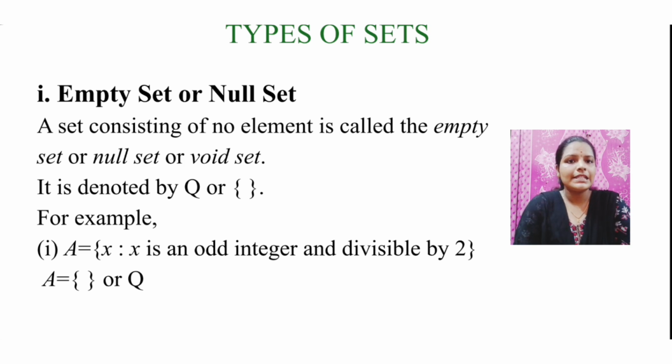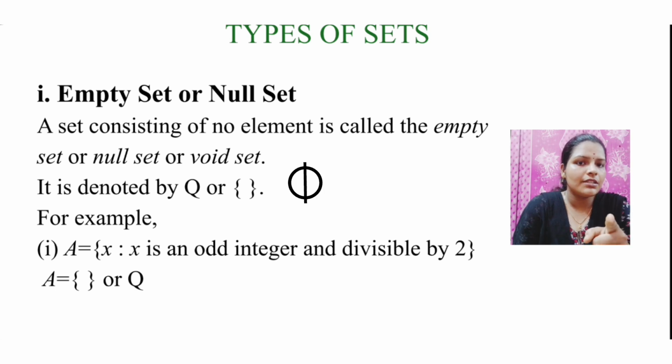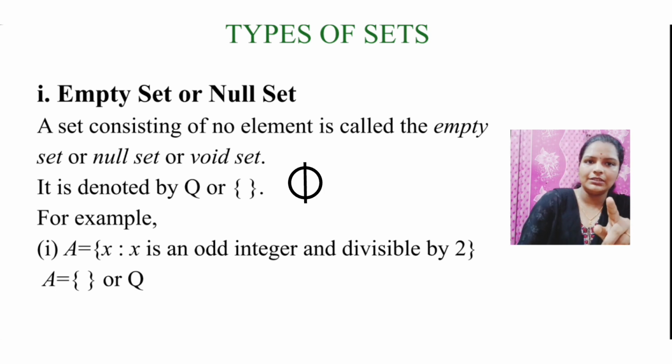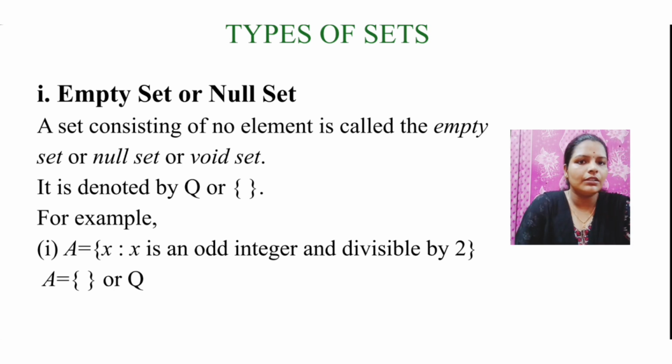The null set or empty set is denoted by open curly bracket and close curly bracket, or otherwise we denote it by the null set symbol, a zero with a straight line through it. But here it is given wrongly, they mentioned it as q. Just avoid it.